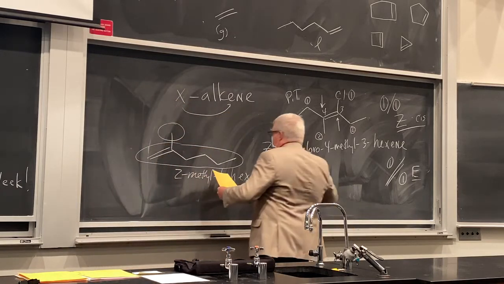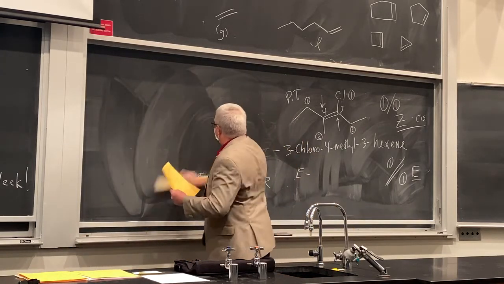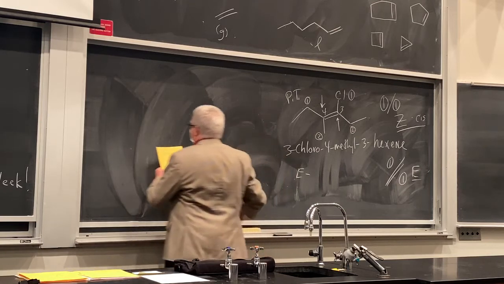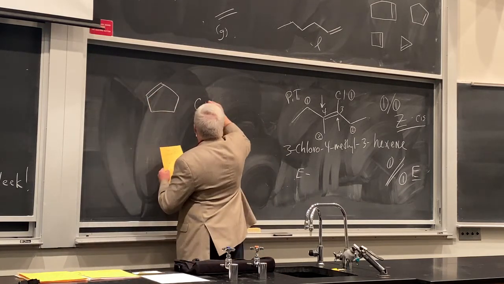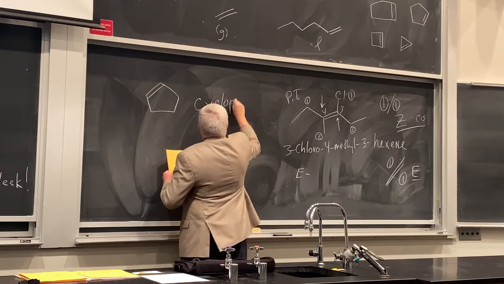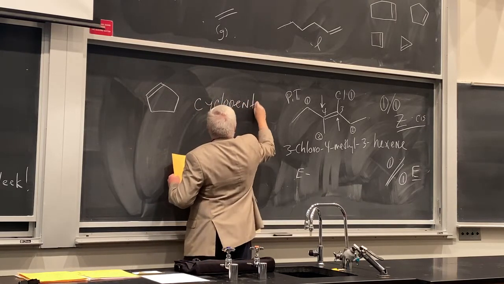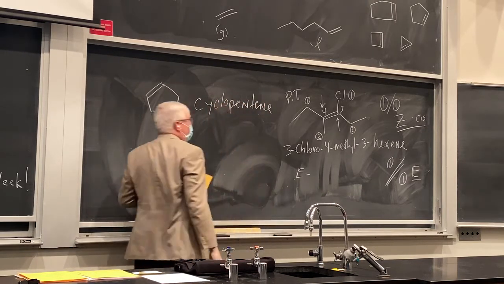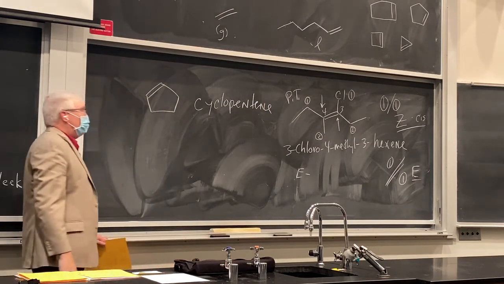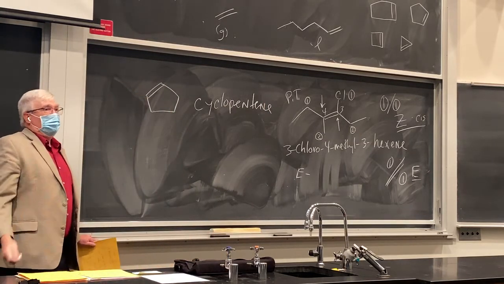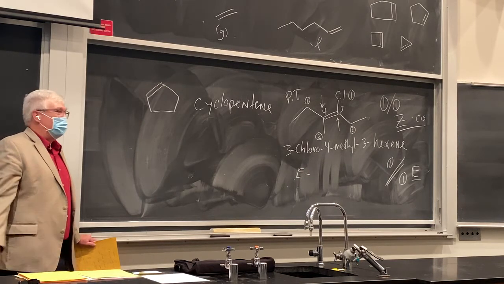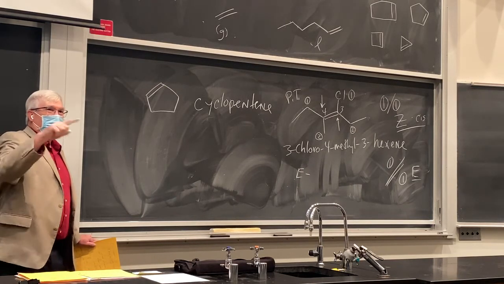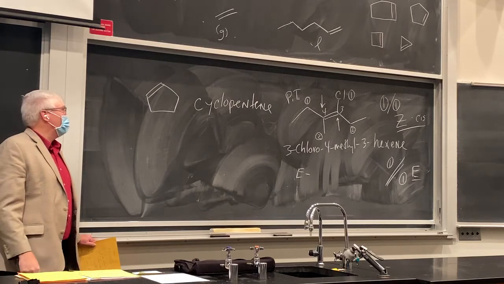Let me show you another strange thing here, which has to do with the cis ones. Now, cis ones are cyclic ones, cyclopentene, and like I mentioned, the small, medium-sized rings are always cis. So we don't need to say cis cyclopentene because trans cyclopentene is not known. It's not a big enough tether to accommodate the trans.